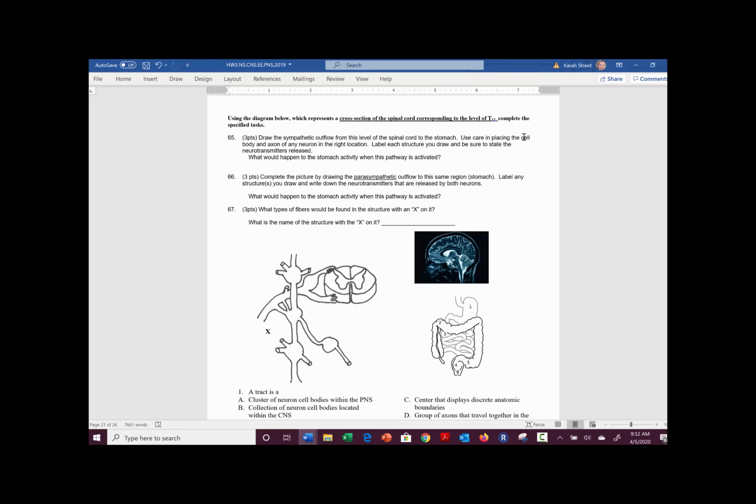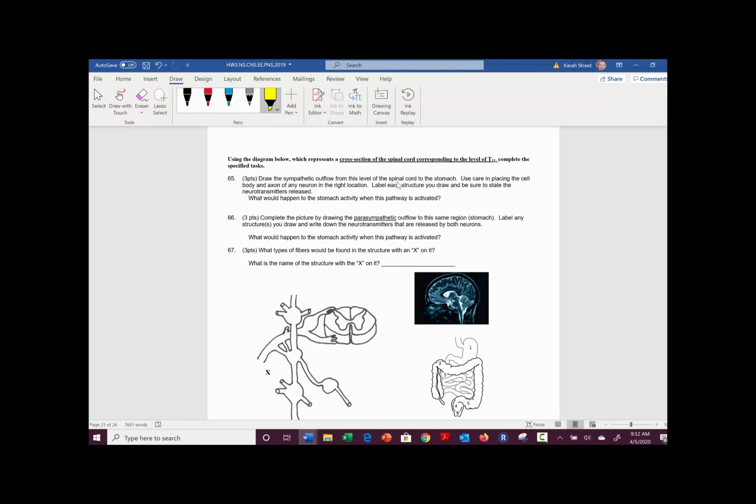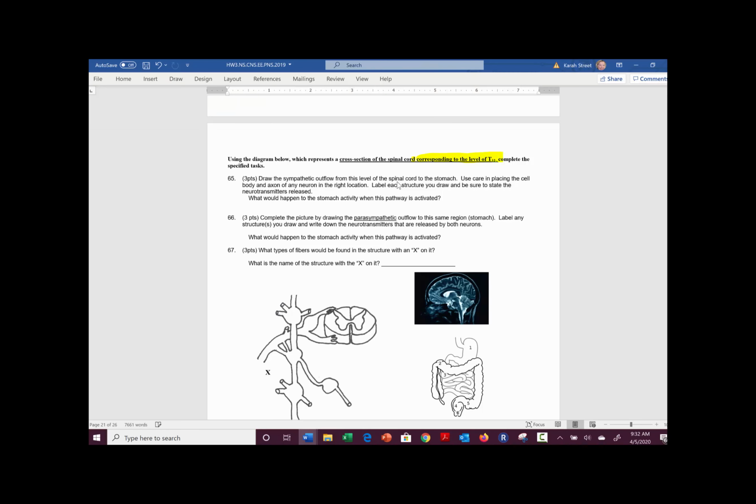Okay, now we're at the level of T12. It's important that we take time to read where we are. So we're at T12, and it says, draw the sympathetic outflow from this level to the spinal cord, or from the spinal cord to the stomach.